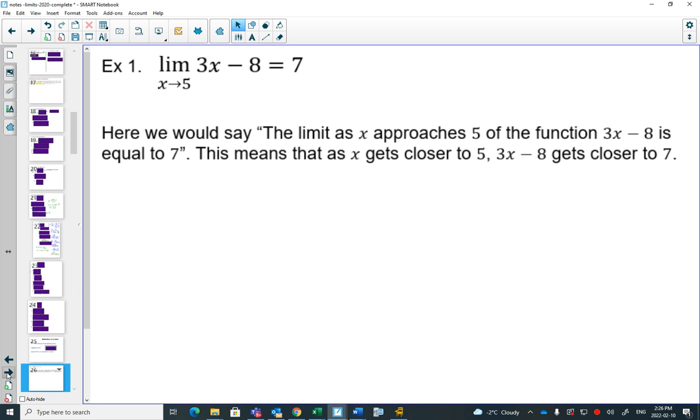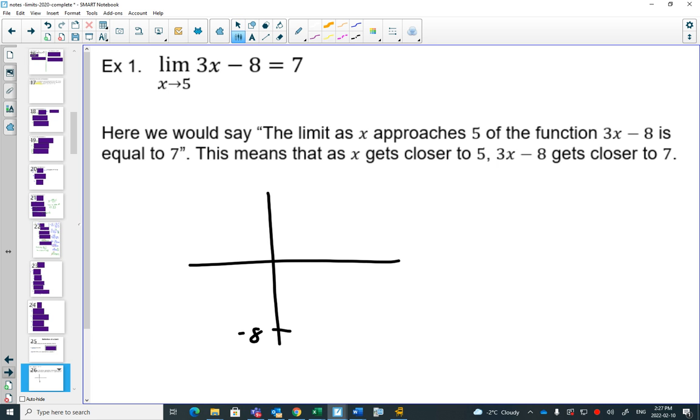If we look at this graphically, 3x minus 8 is a straight line.